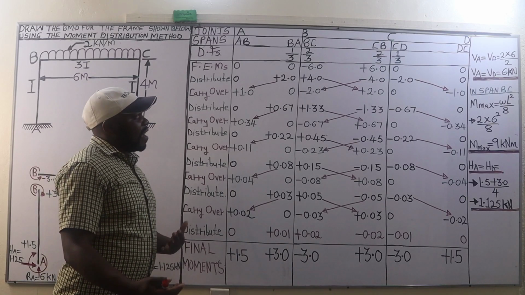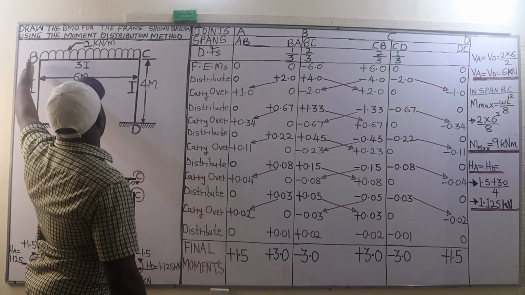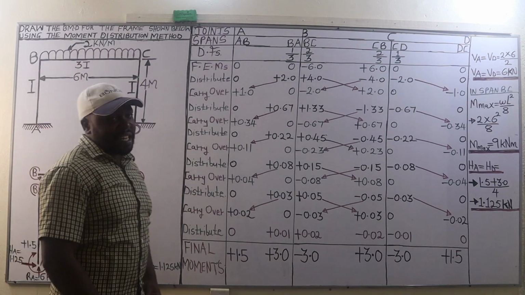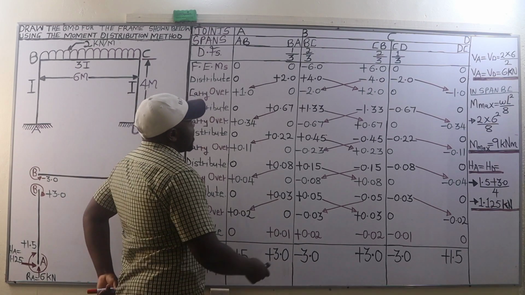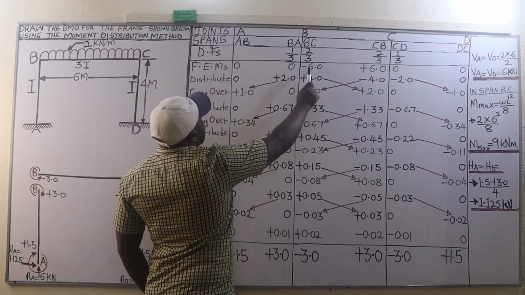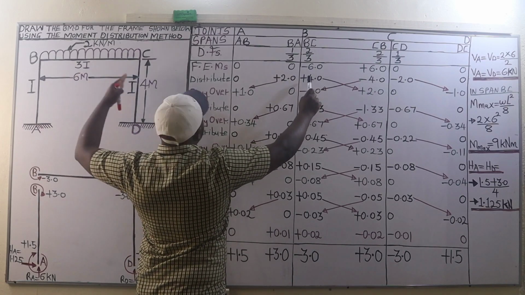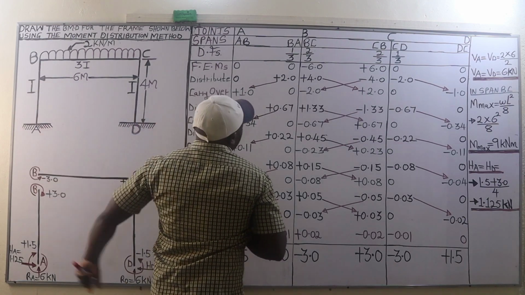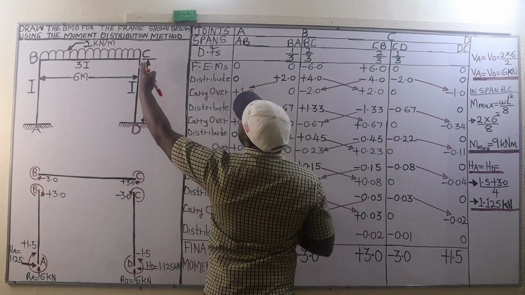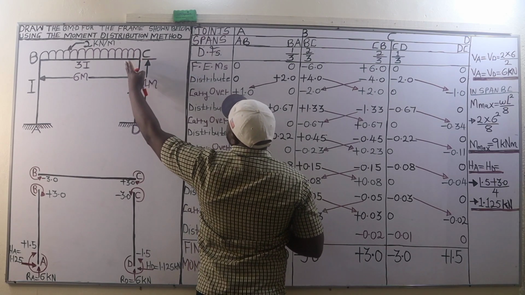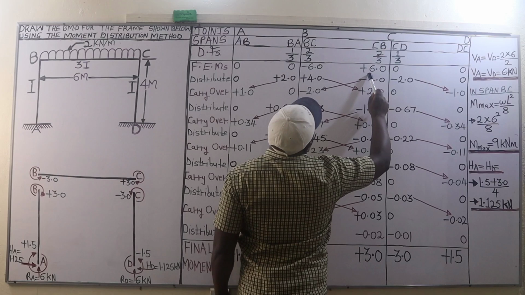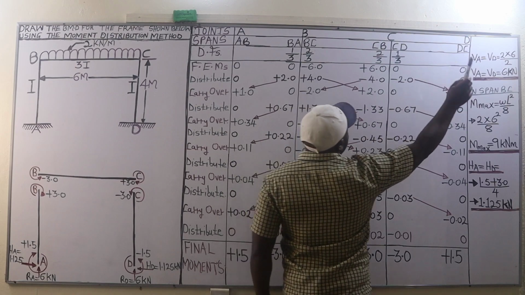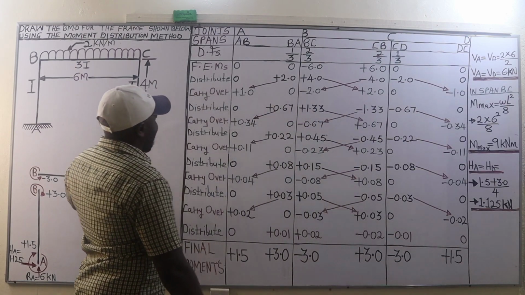We only have a fixed end moment on member BC for joint B, since it is the only member that is loaded, and the fixed end moment at joint B on member BC is -6. That one on member BA is 0 because member BA is not loaded. Likewise, on joint C, the fixed end moment for member CB is +6.0. For member CD, 0 since it is not loaded. For DC, likewise, it is 0 since it isn't loaded.